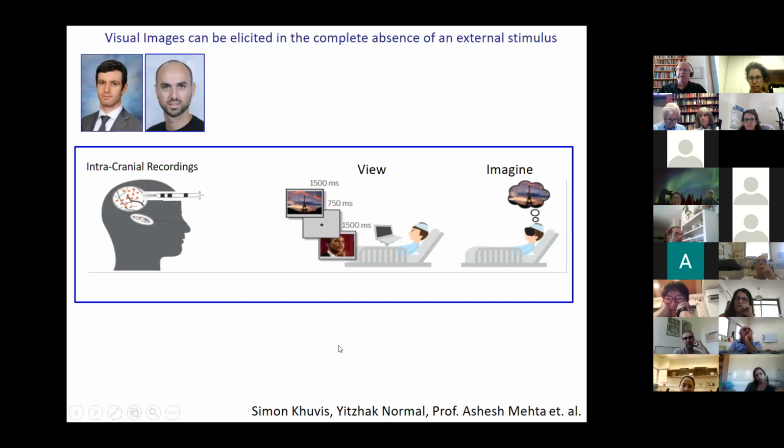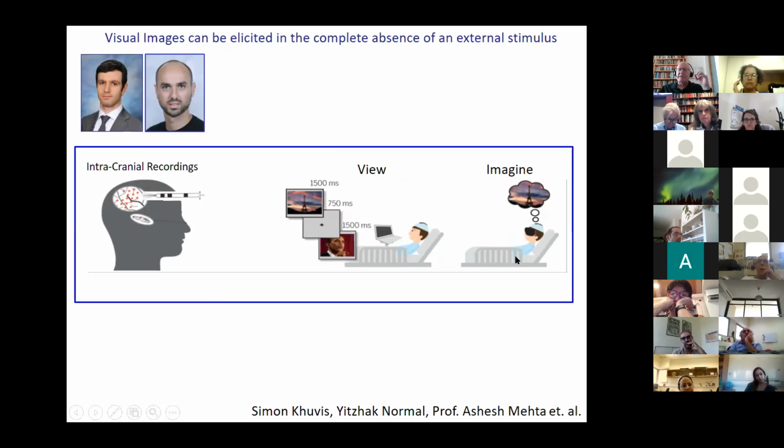And the experiment was very simple. It was an experiment of visual imagery. You know, we all can generate visual images in the absence of visual stimulation, optical stimulation, through imagery. So the patients first saw very vivid images of faces and places during the viewing condition. And then their eyes were covered and they were closed. They didn't see anything.